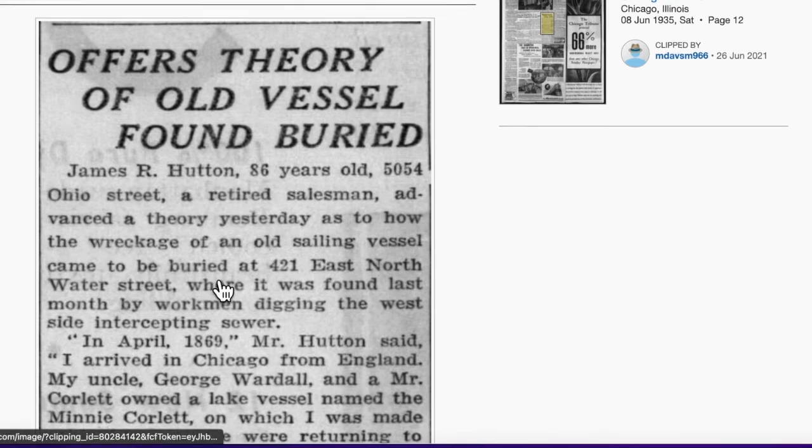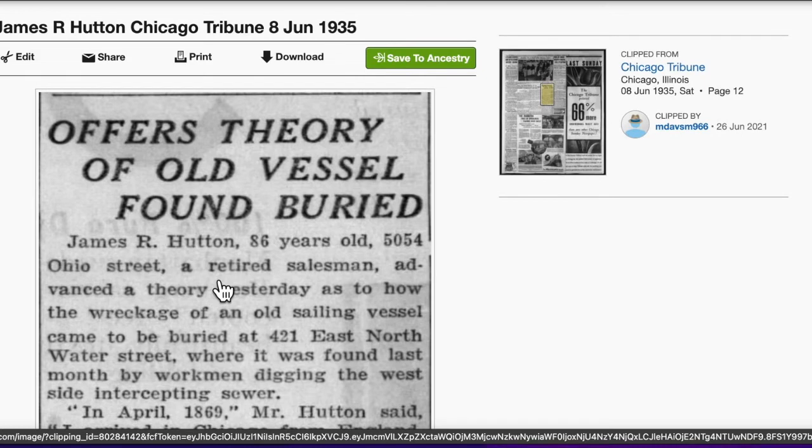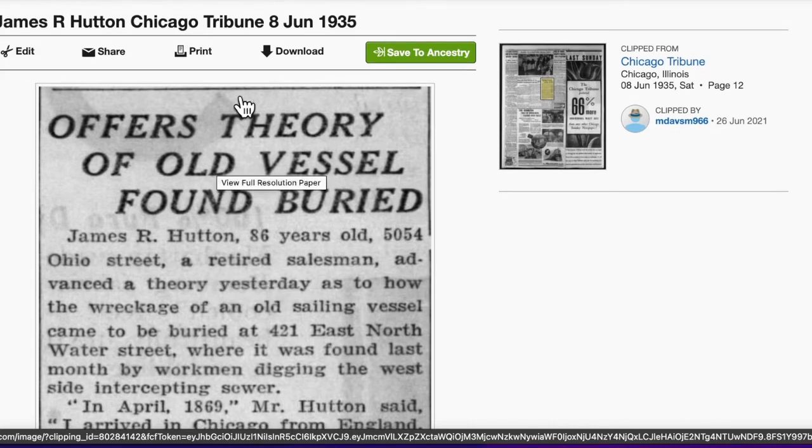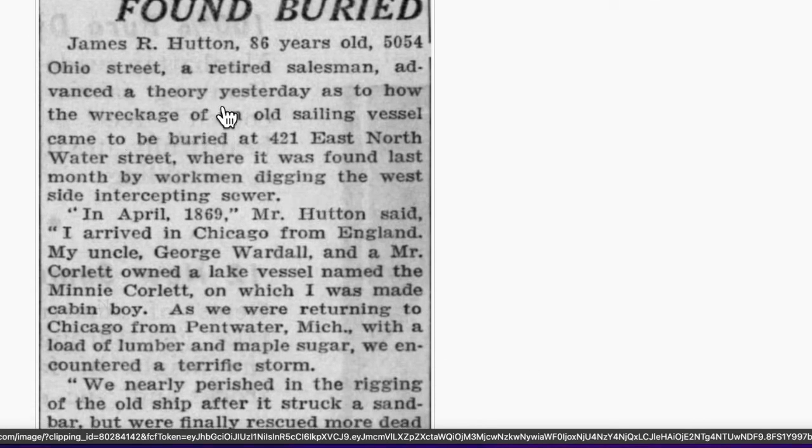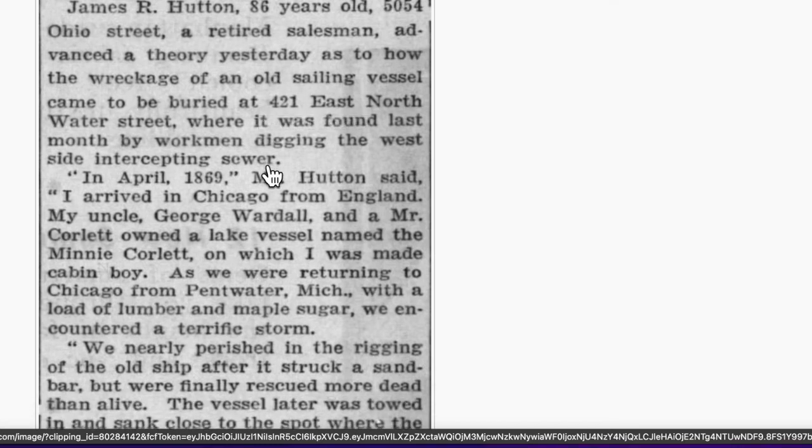So this newspaper article is from the Chicago Tribune on the 8th of June, 1935. We know the date. He is 86 years old. It says his address, which matches up with the information that I have already found. For example, census records. I have found his census record that he was a salesman. And he advanced a theory yesterday as to how the wreckage of an old sailing vessel was buried at 421 East North Walter Street.